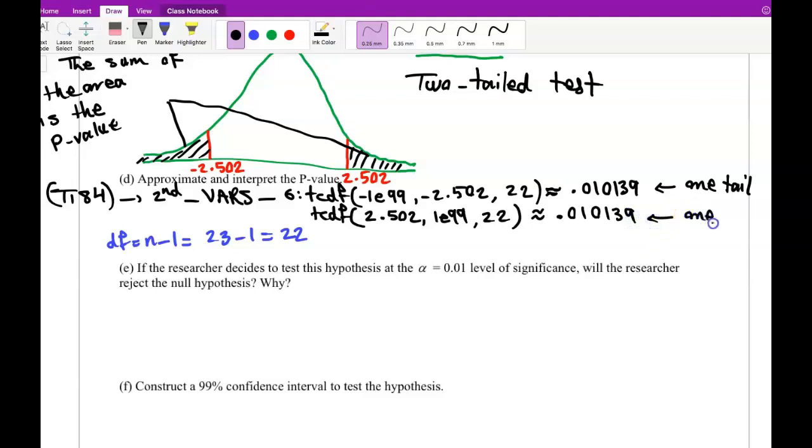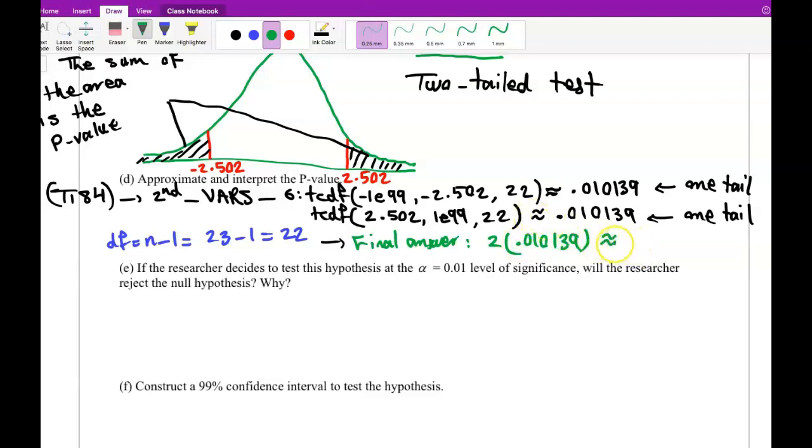So this is also one-tail. Then the next step, to find the final answer for this part, is 2 times what you got here, which is 0.010139.